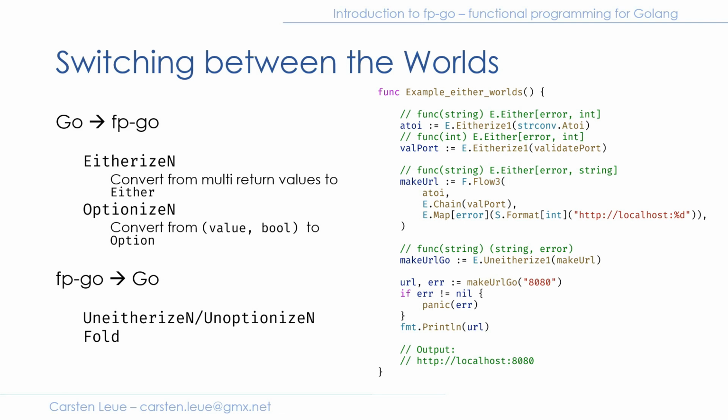And for the places where we deviate, in particular for error handling, there exist conversion functions that convert idiomatic Go functions that return a multi-return value of value and error into a function that returns an either, or equivalently functions that return value and a Boolean, which is Go's concept to deal with optional values, into an option object in Go, and vice versa. So it's relatively easy to use existing functions and also to expose functions written using the FBGO library as functions to the idiomatic Go world.